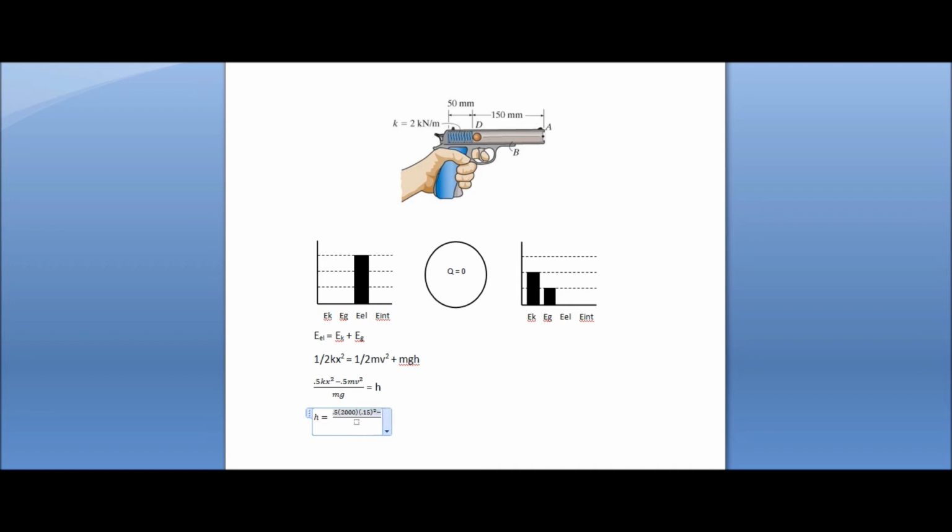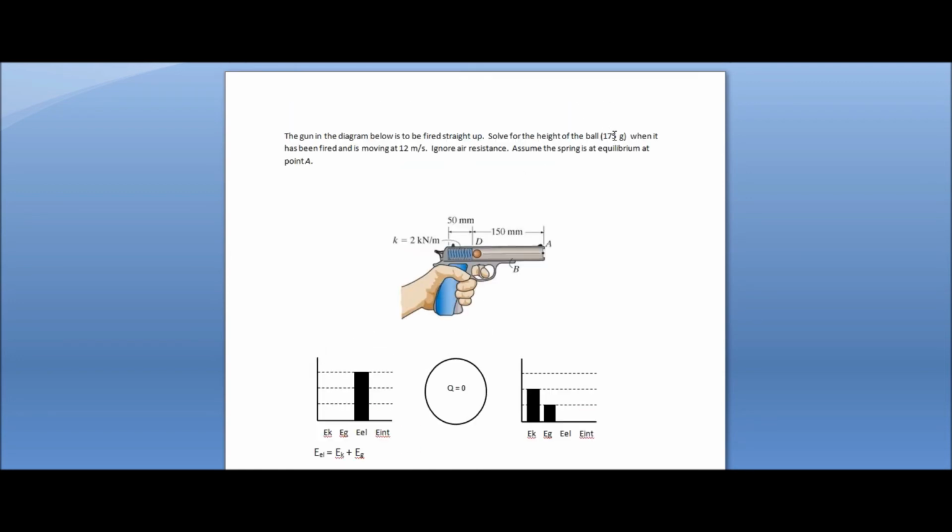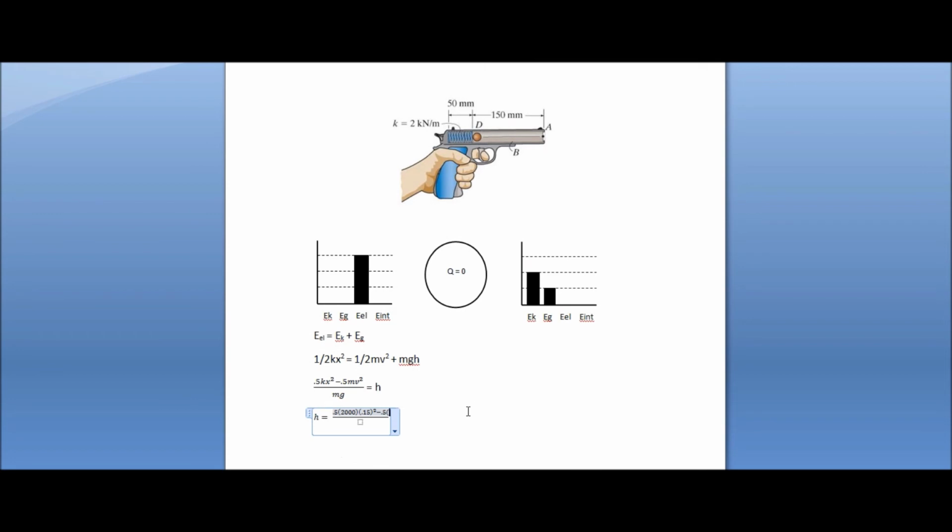And minus, let's see, 0.5 again, the mass. The mass was 175 grams, that's 0.175. And the velocity was 12.